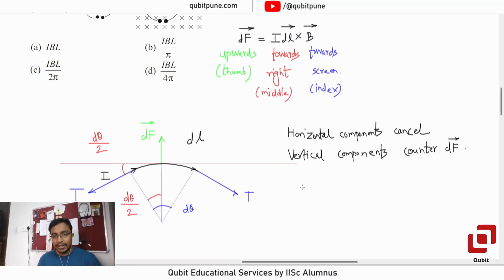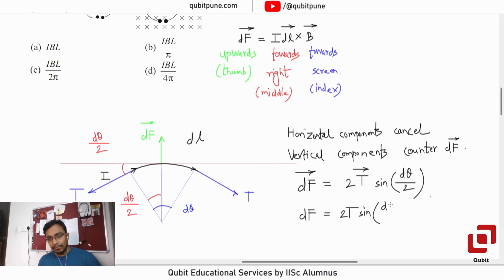So what can I write then? df bar is equal to, if the horizontal is cos, then the vertical has to be sine. So that would be 2 times T sine d theta by 2. Raise your hands if you understand till this. Okay, so I can drop the vector notation now and say df is equal to 2T sine d theta by 2.